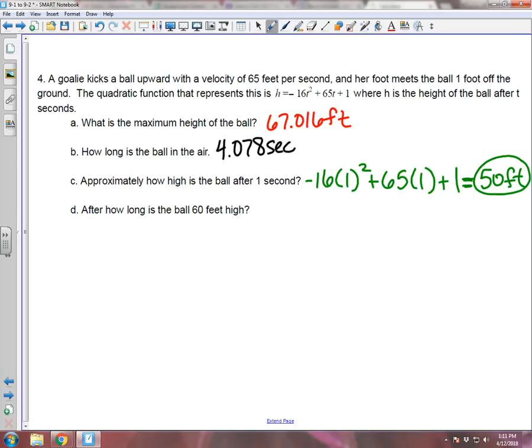Okay. After how long is the ball 60 feet high? Okay, now where's the 60 going to go? Is 60 a time or a height? It's a height, which means that needs to go in for what variable? The h. So what does that look like?